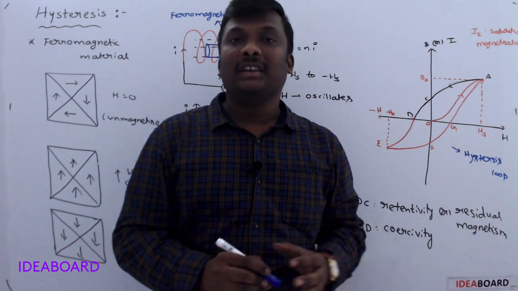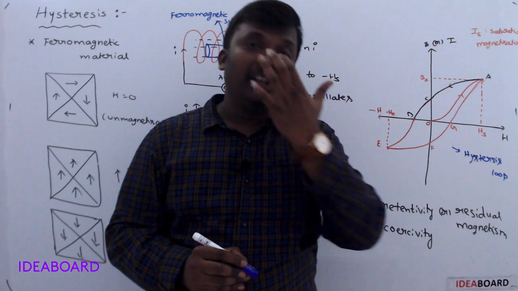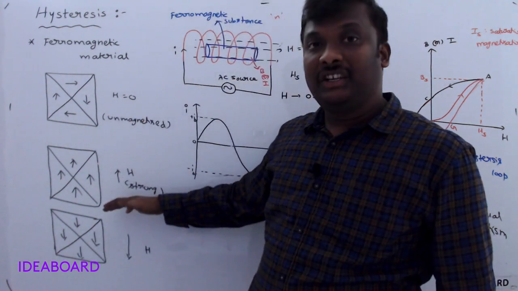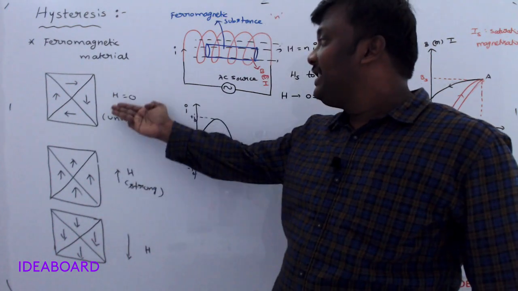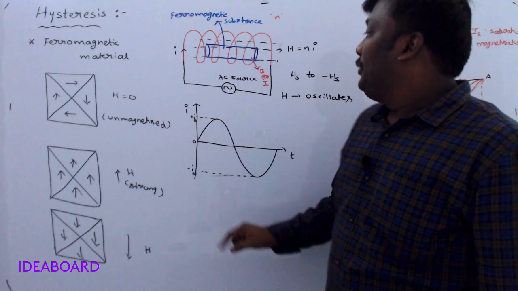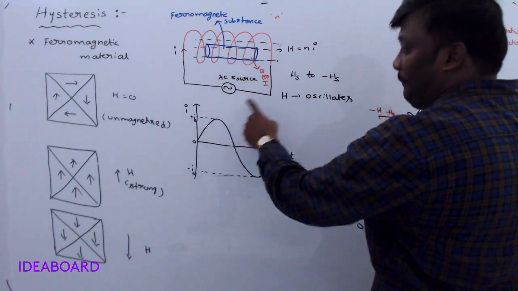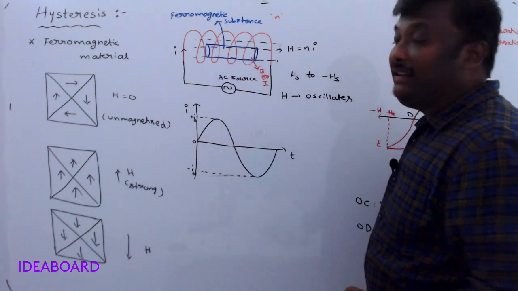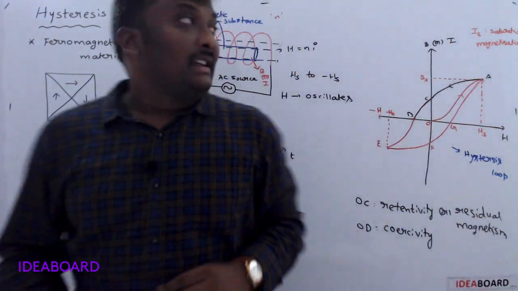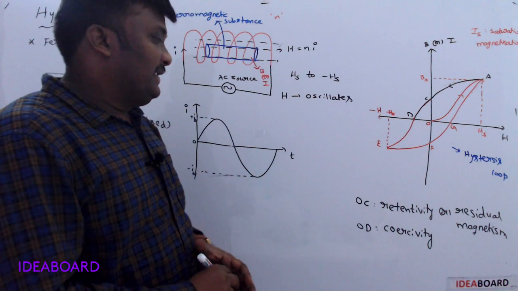Why this loss of energy? Because this loss of energy is due to the work done by magnetization and demagnetization of a ferromagnetic substance due to the application of an oscillating magnetizing field. Okay, let us write the definition of hysteresis.